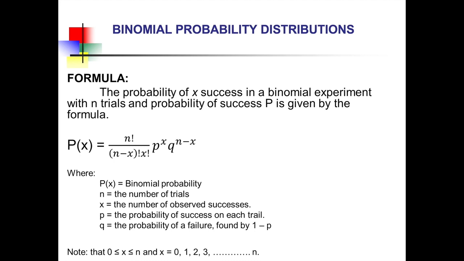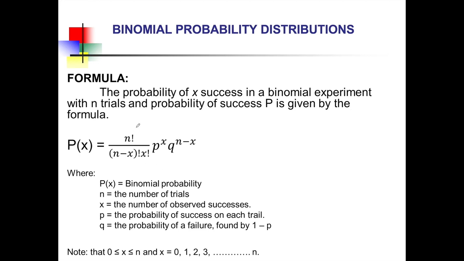Next, for the formula of the binomial probability distribution, the probability of x successes, that is our variable for this problem, in a binomial experiment with n trials and probability of success p is given by the formula P of x equals n factorial.